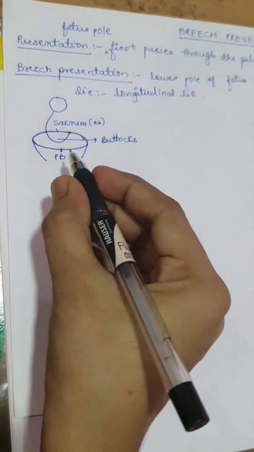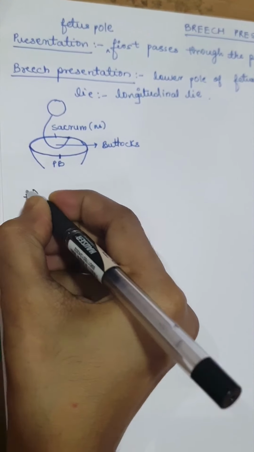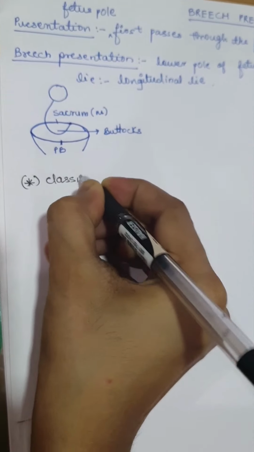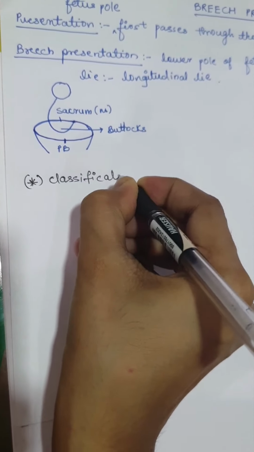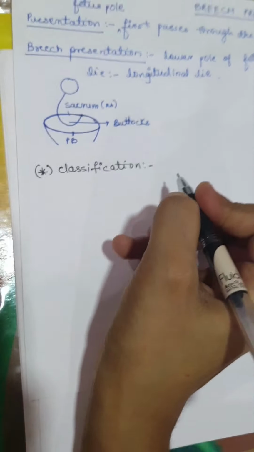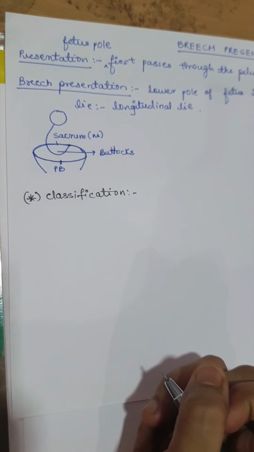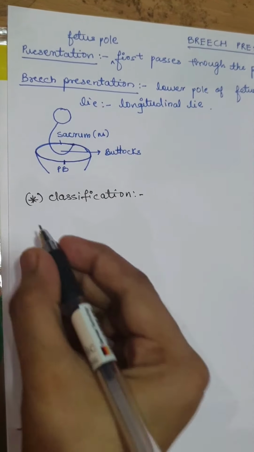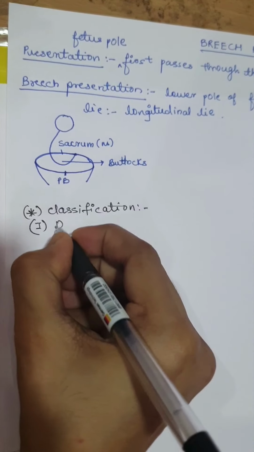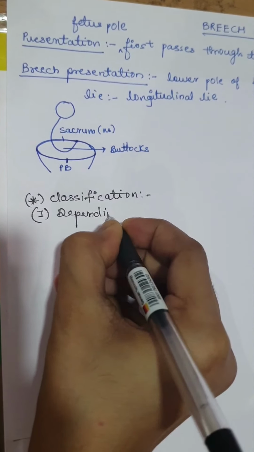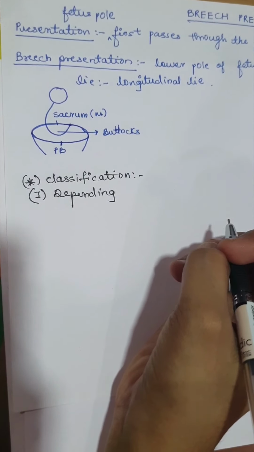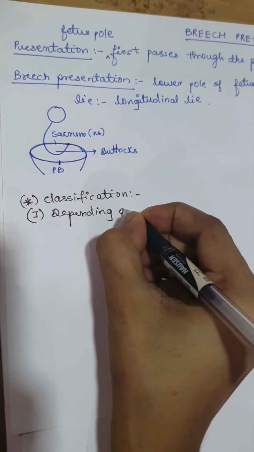After this, now we will see the classification of the breech presentation. The breech presentation is classified depending upon two criteria. The first criterion is depending upon the extension of the hip joint and the knee joint.